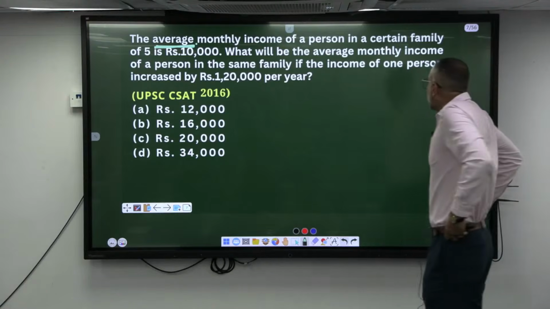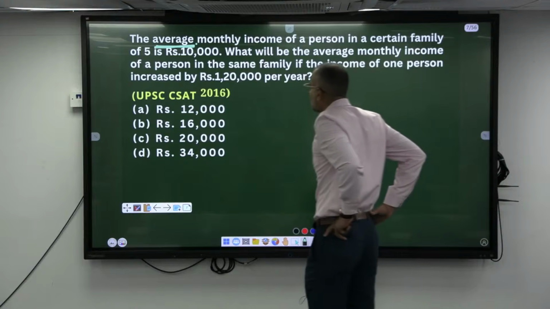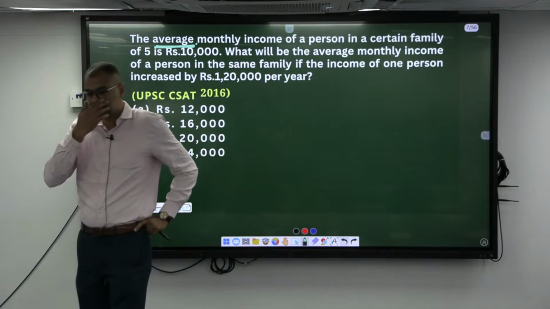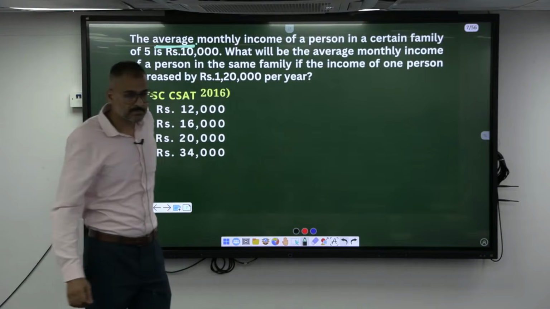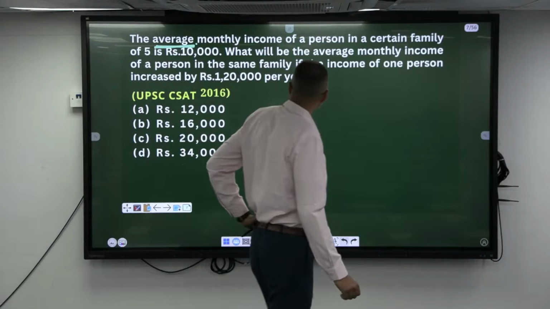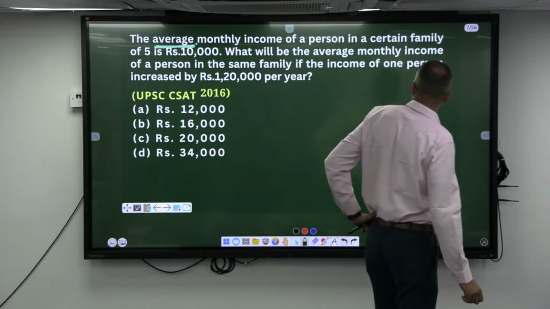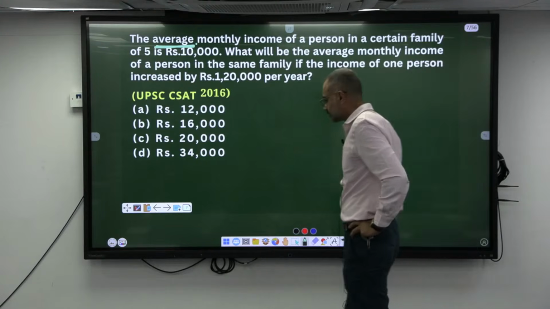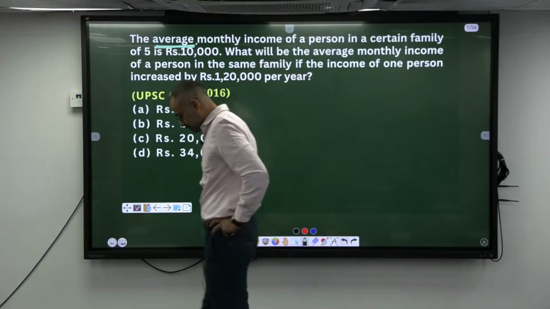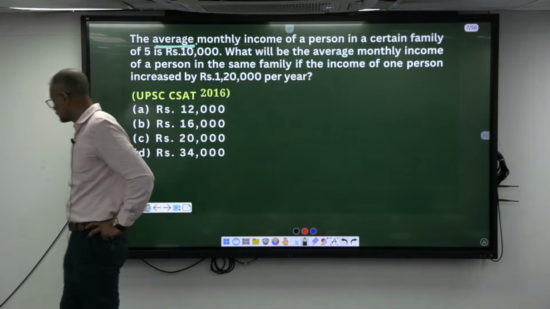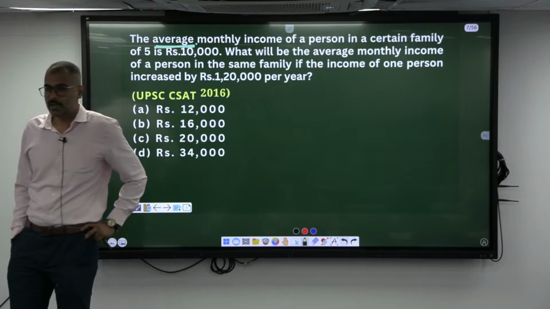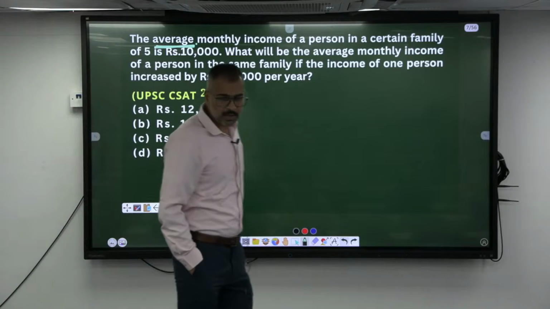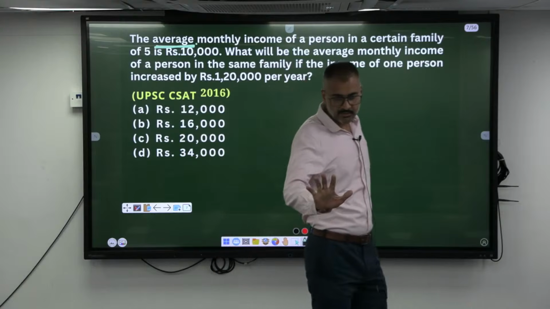Average monthly income of a person in a certain family of 5 is rupees 10,000. How many members are there in the family? 5.